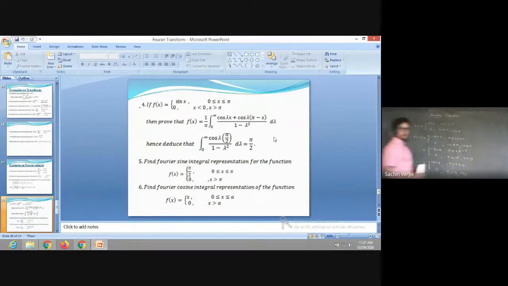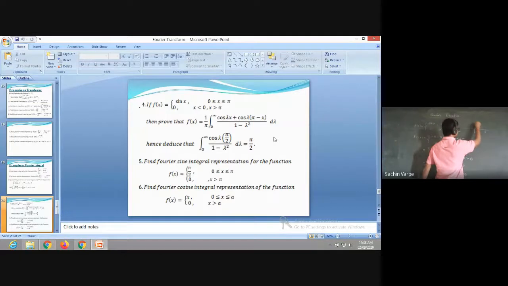Okay, first of all, what is the graph of the original function? I hope this is visible. Suppose we are here, this is the 0th position and this is pi. In 0 to pi, the function value is sine x, so the graph of the function will be sine.